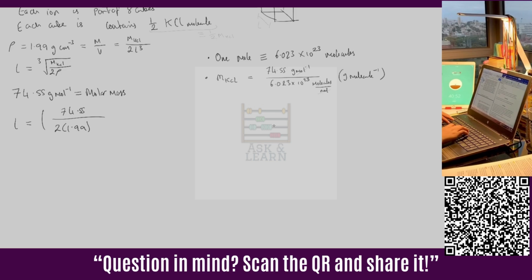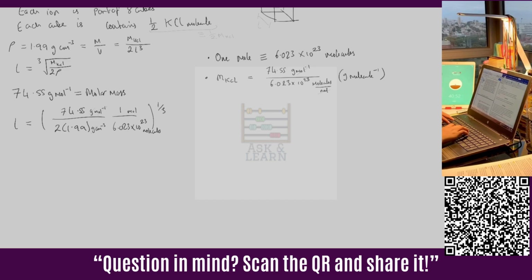And then as before, we've got the 1 over 6.023. And just to be even clearer, we can put in the units. So this is gram per mole, this is mole, this is molecules, and this is gram per centimeter cubed.